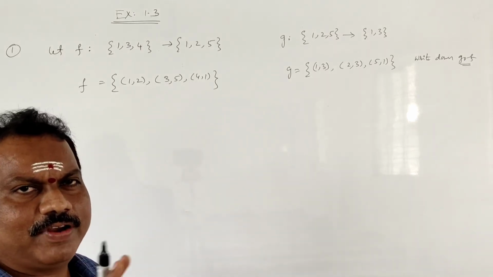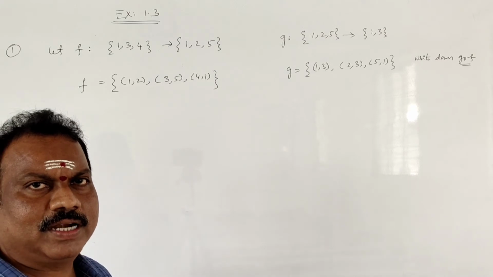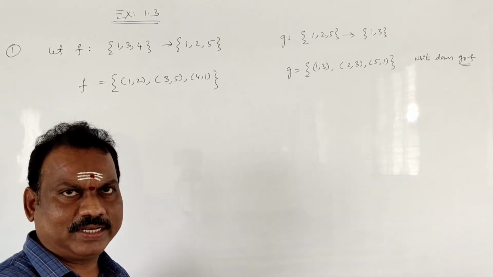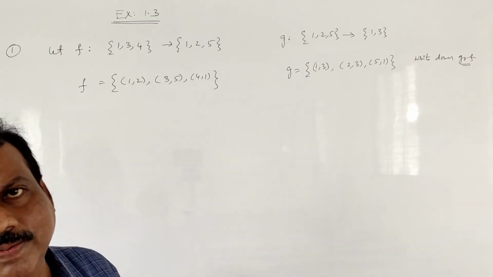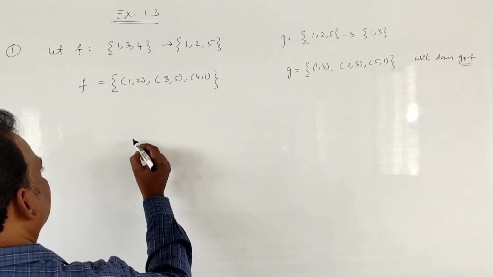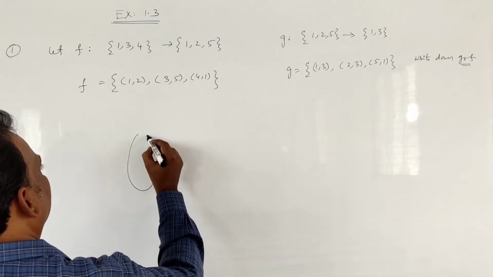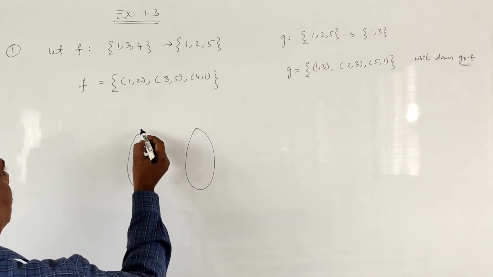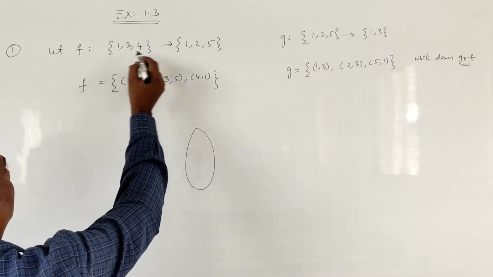We can do it by different methods: by using the diagrammatic method or by using the formula method. I will explain both methods. Now I will go through the diagrammatic method. F is a function mapping two sets; the names of these two sets are not given.